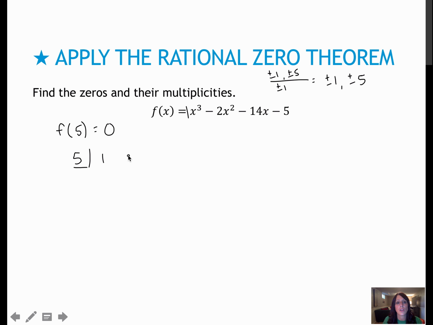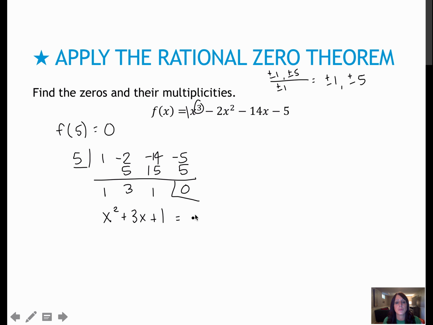So x to the third, negative 2x squared, negative 14x to the first, and negative 5. And I should end up with 0 in this box. So bring down the 1, 5 times 1, add them together, multiply, add, multiply, add, which means I'm left with x squared, so 1 degree less than the original, plus 3x plus 1 equals 0.